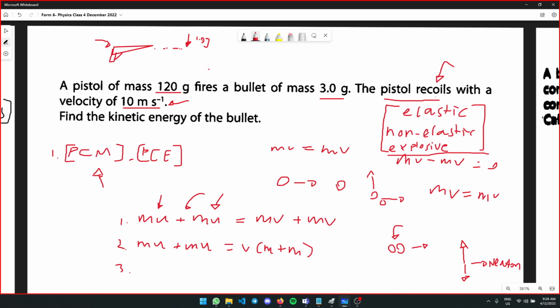The gun is heavy because they want to reduce the recoil. Remember, momentum is a product of mass and velocity. If the mass is very big, the recoil velocity will be very small, because you have to give the same amount of momentum to move a bigger object.